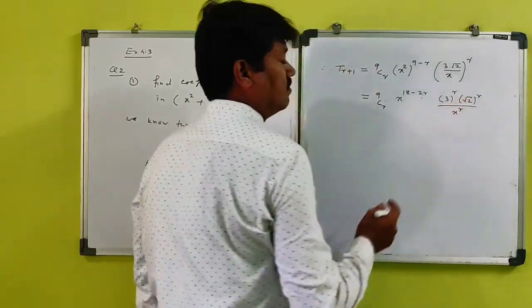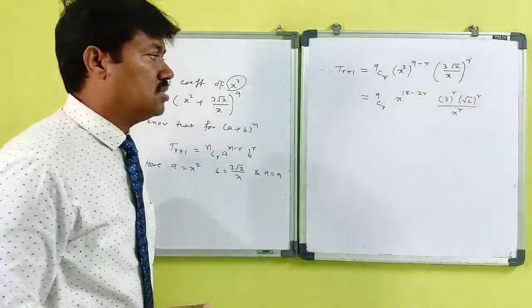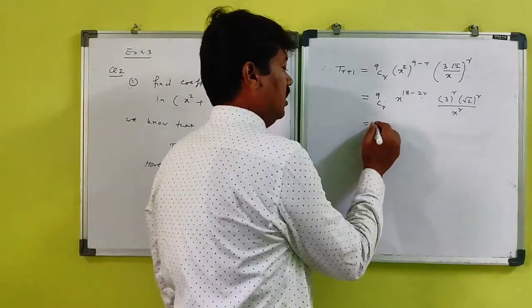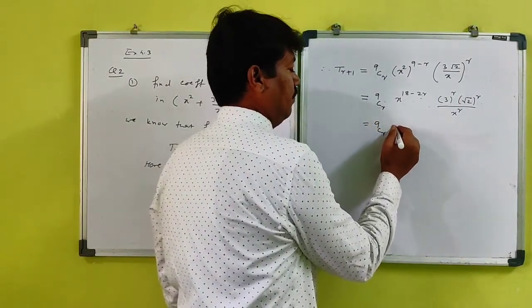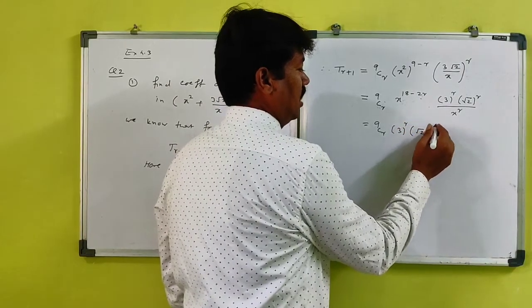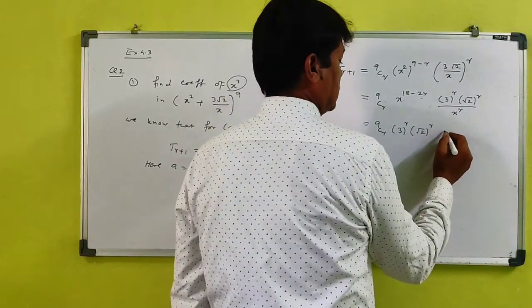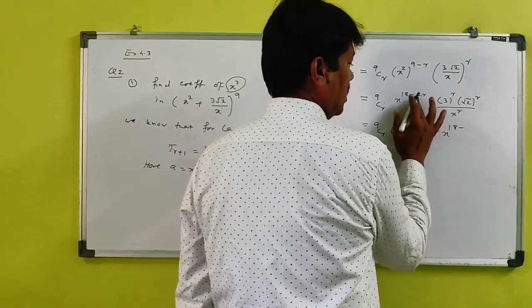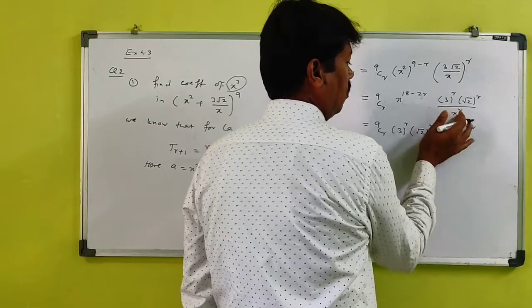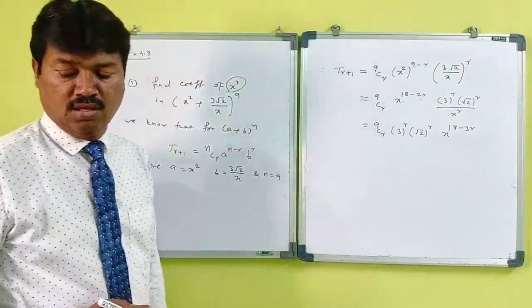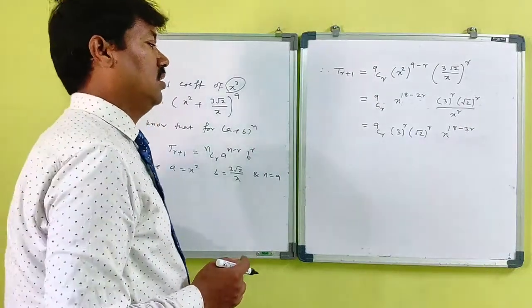These terms are constant, so the constant terms will go with the coefficient: nCr, 3 raised to r, root 2 raised to r. This is x raised to 18 minus 2r, and this r will go up, so 18 minus 3r will come. So it is x raised to 18 minus 3r.